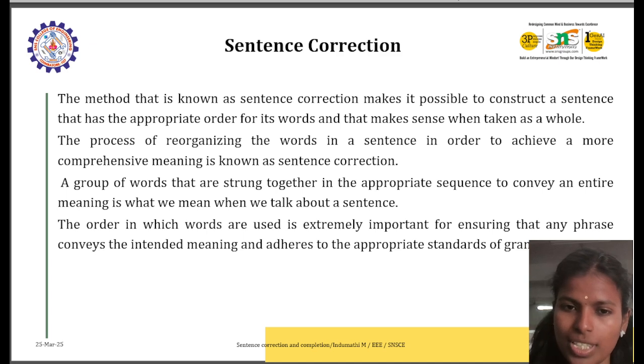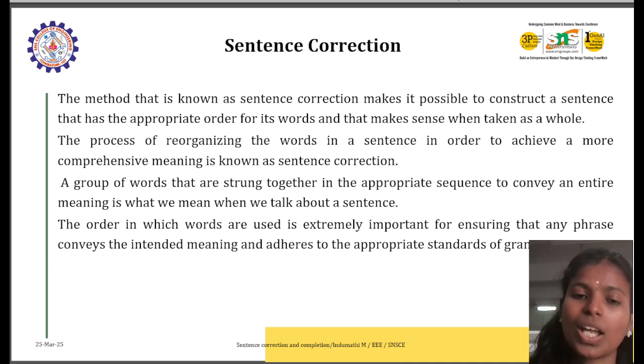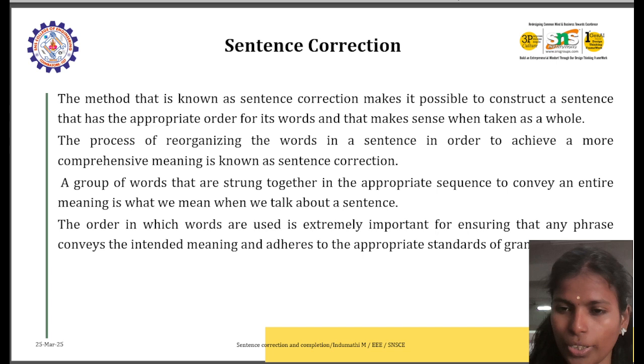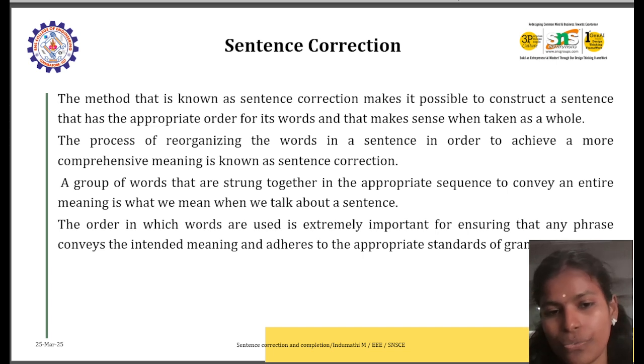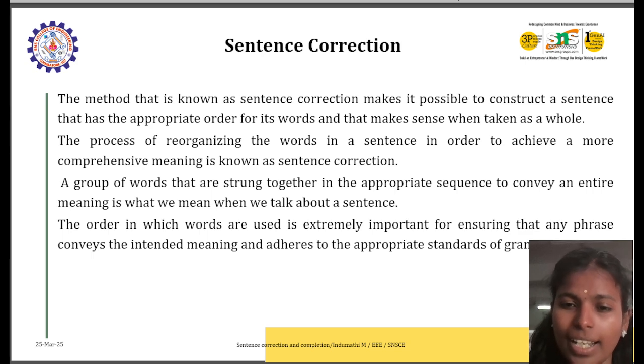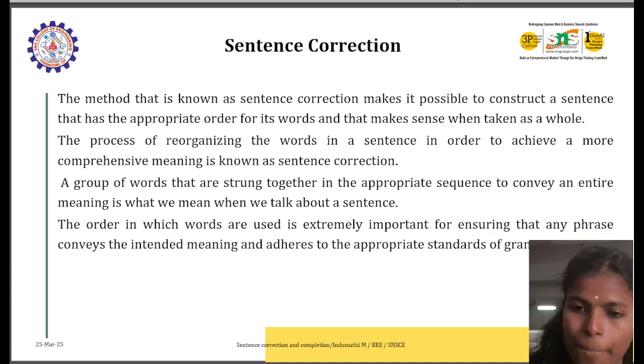A group of words strung together in the appropriate sequence to convey an entire meaning is what we mean when we talk about a sentence. The order in which words are used is extremely important for ensuring any phrase conveys the intended meaning and adheres to the appropriate standards of grammar.